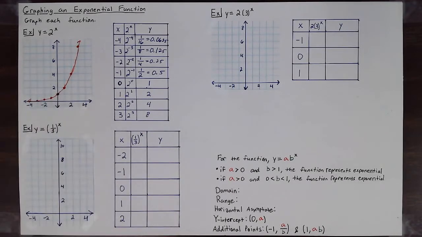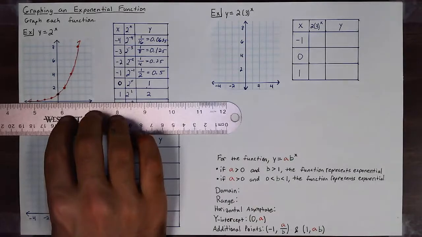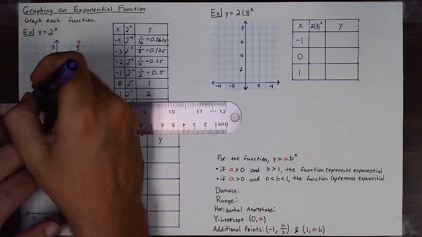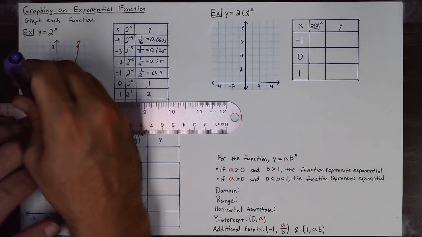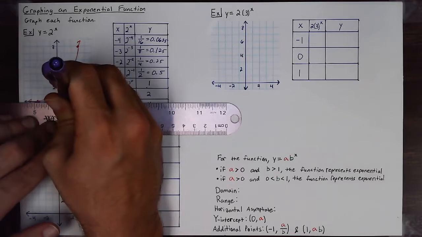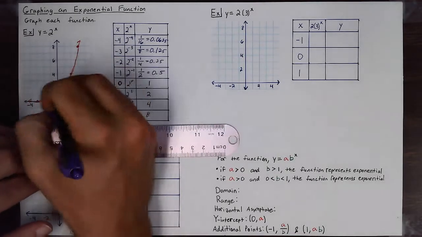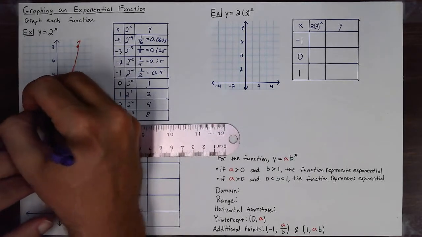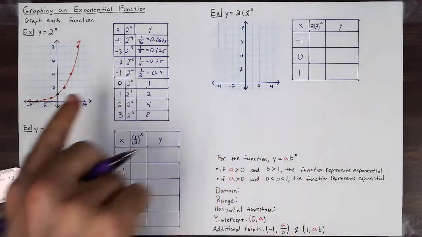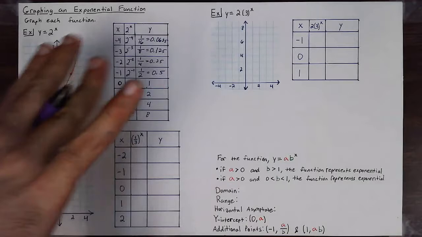But it flattens out along the x-axis, and this is referred to as a horizontal asymptote. Meaning it'll approach it, but it won't touch it. It'll use it as a guide for large negative values of x to flatten out against.